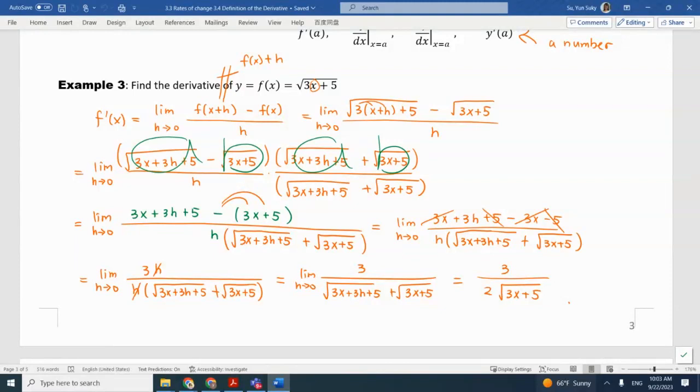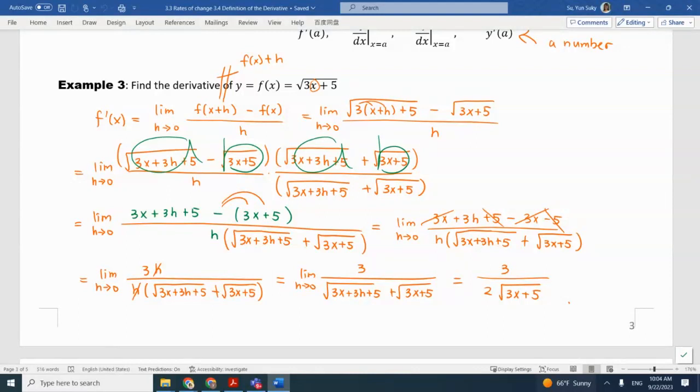When you see 0 over 0, that means there is a bad guy. Because we have difference of square roots, we multiply by its conjugate. The conjugate is the same 2 terms, but the middle sign changed from minus to plus. And when you multiply by the conjugate, make sure you multiply on the numerator and the denominator.